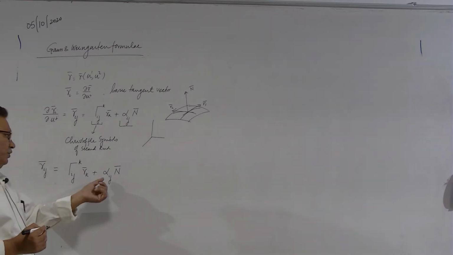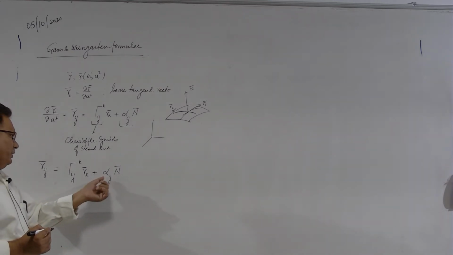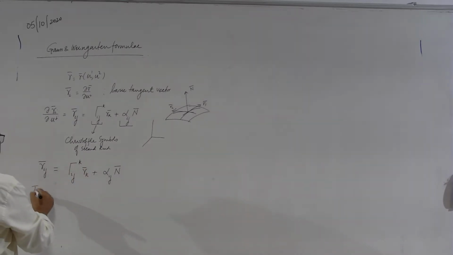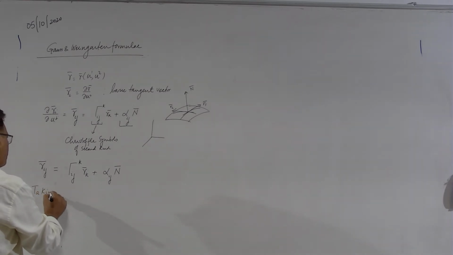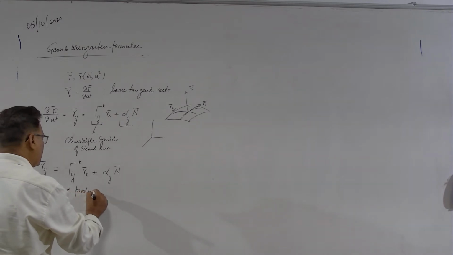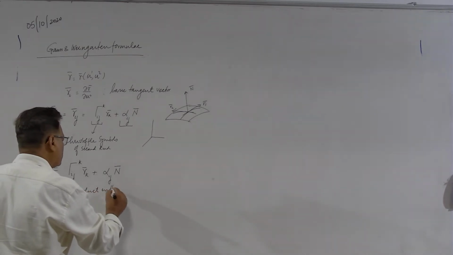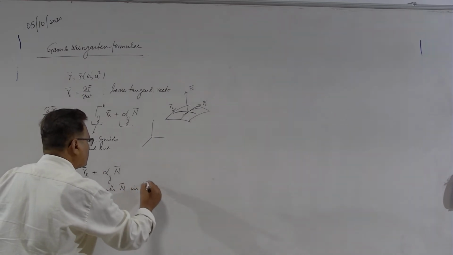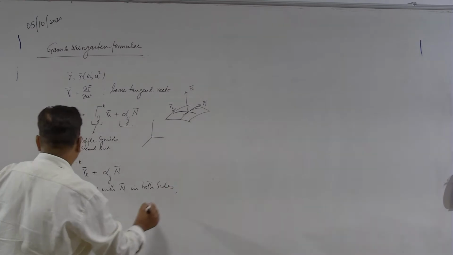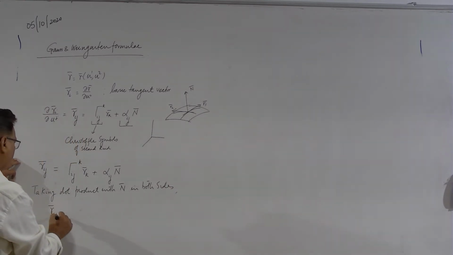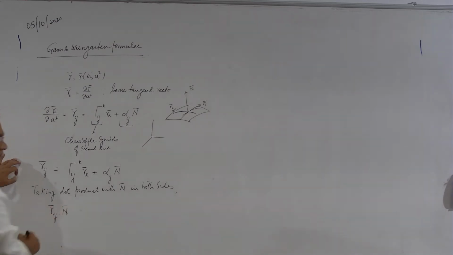In order to know alpha_ij, what will I do? I will take the dot product with n on both sides of this equation. That will give you R_ij dot n on the left side.